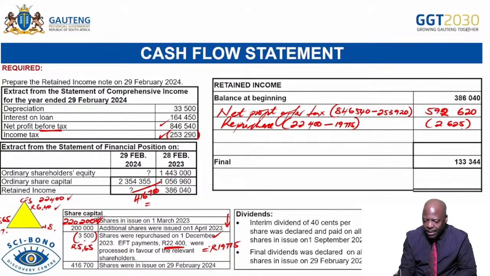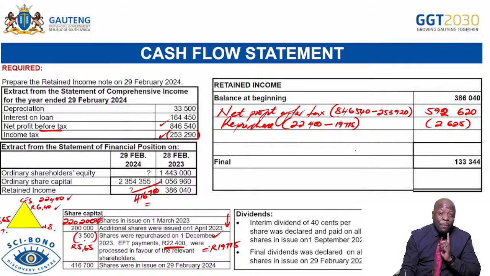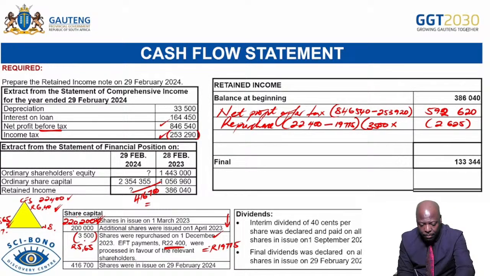2,625 in brackets. This would have been the first method. The second method is to take the number of shares repurchased and multiply it by the amount above, that is my 6 rand 40 subtract 5 rand 65.